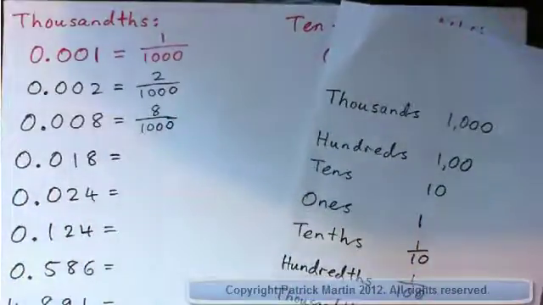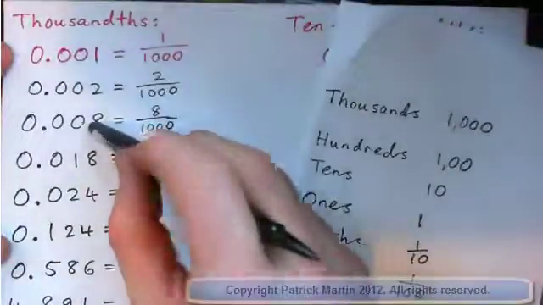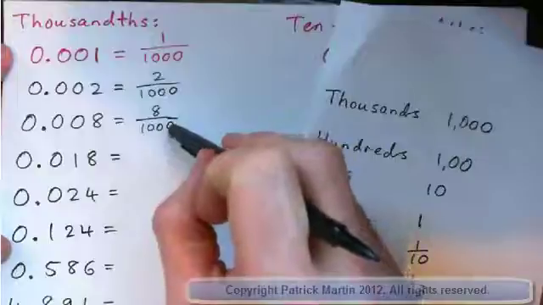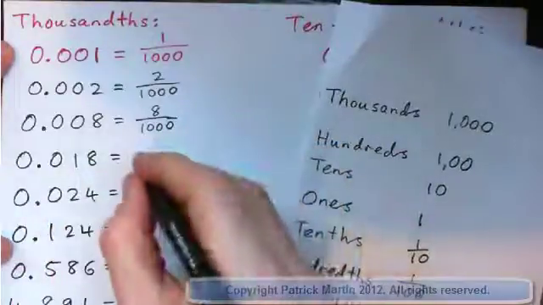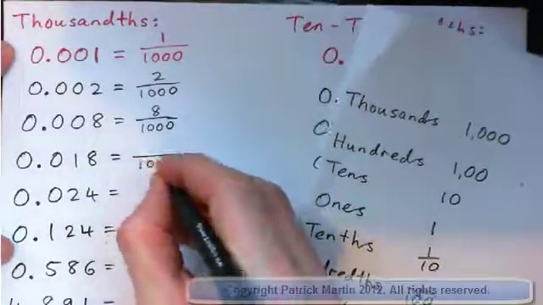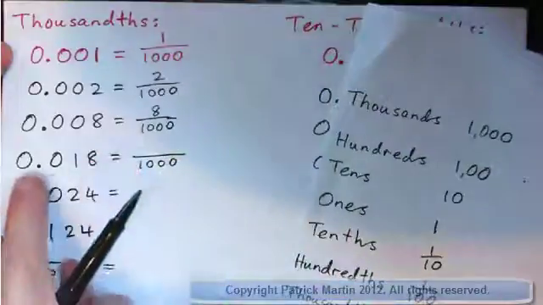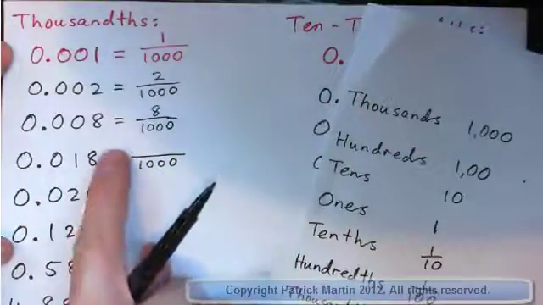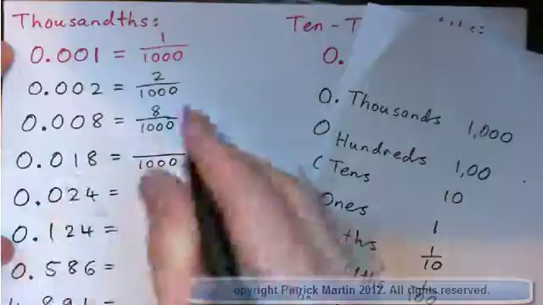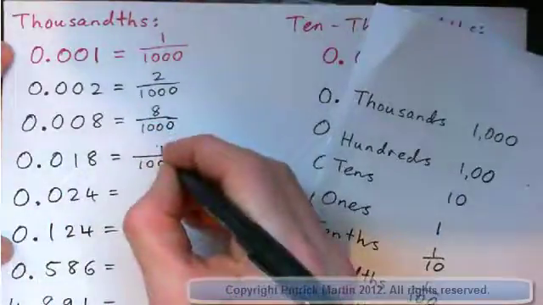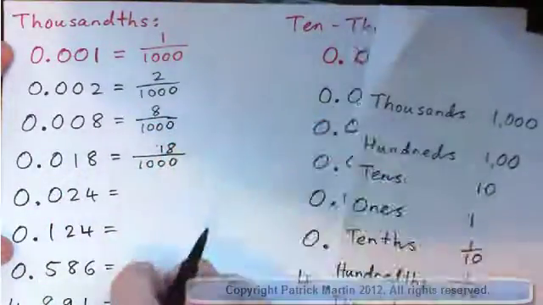Here's an interesting one. Okay. So if you agree that this is 8 thousandths, surely this one has to be how many thousandths? Because if the decimal, you know, it ends here, it's how many thousandths? It's 18, isn't it? Yep, 18 thousandths, right?